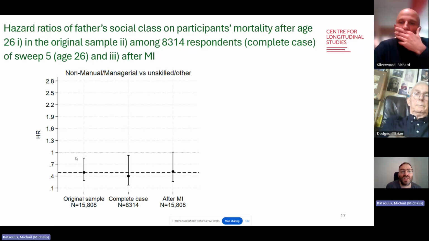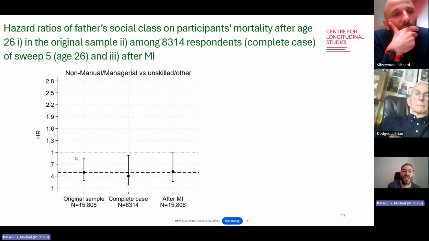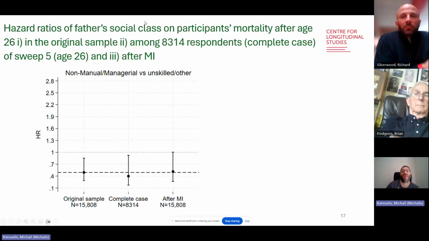We have the same results when we compare those whose work is non-manual and managerial versus the unskilled. We saw that the hazard ratio on mortality, when we compare these two groups, in our original sample was close to 0.5. This hazard ratio goes down to 0.4.